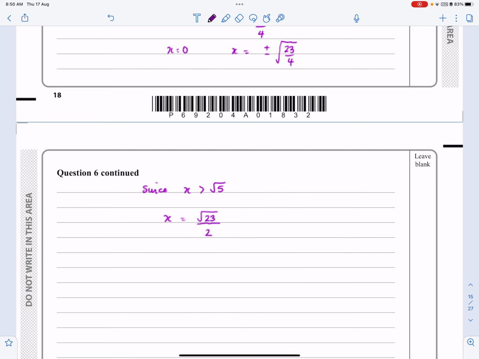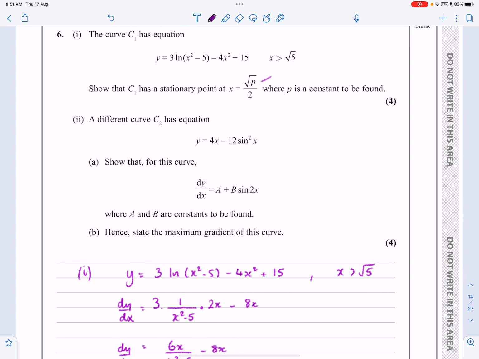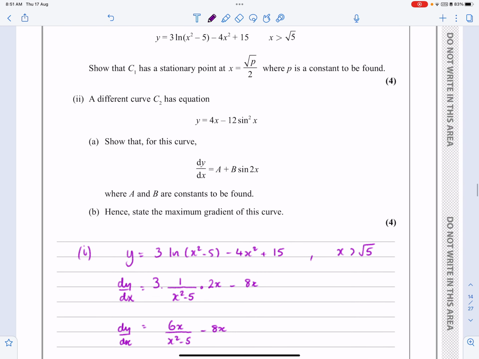That is the square root of 23 over 4. And what are we looking to do? We were looking to show that it was equal to that. So P here is just going to be equal to 23. So done first part.